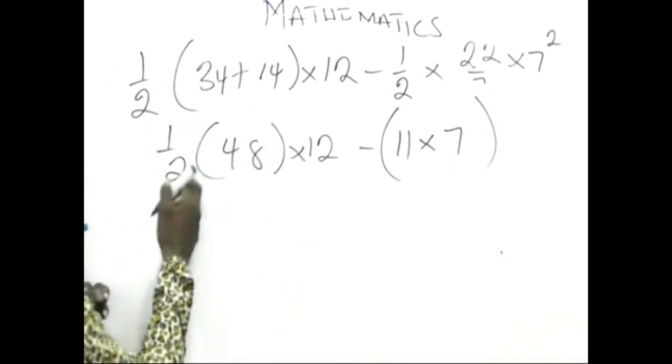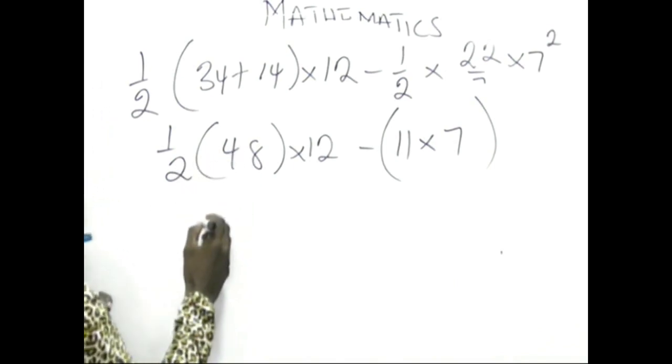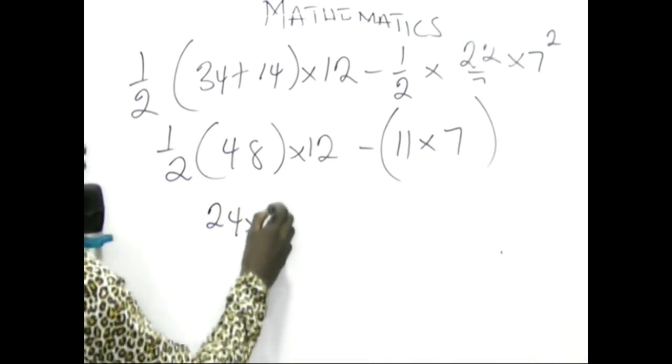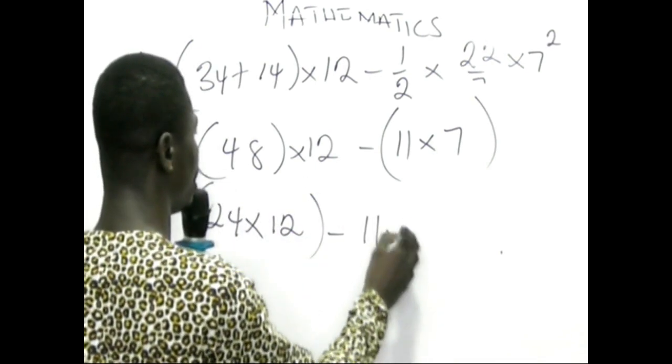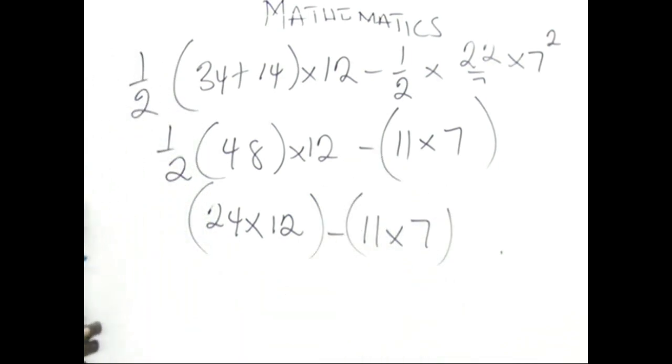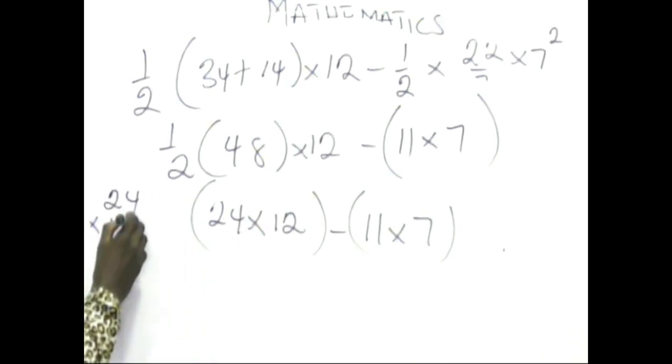Then this one will also be here. We have 24 times 12 minus 11 times 7. Now from here, we are going to find 24 times 12.